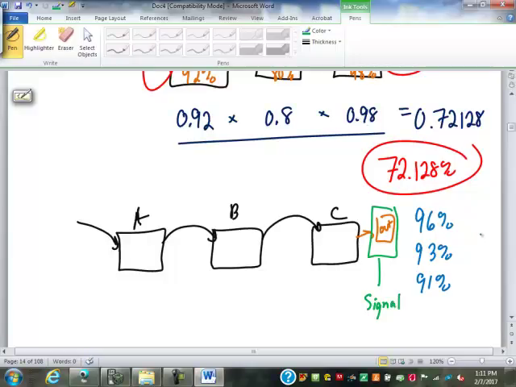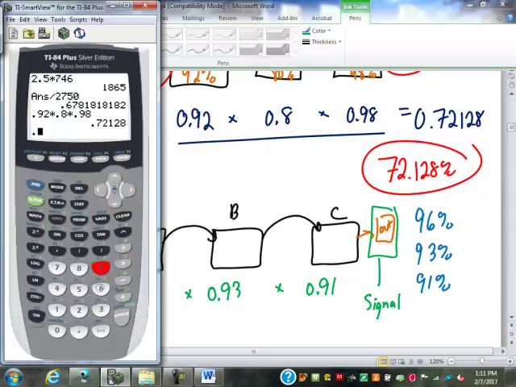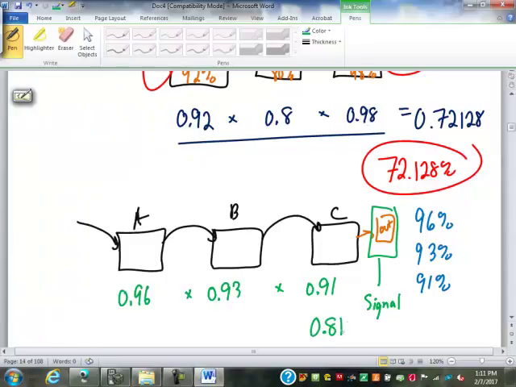It shouldn't. Very good. It doesn't matter what order I put them in, because even if I put the high efficiency one first, if I multiply those together, what do I get? There we get 0.812448, or 81.2448%.